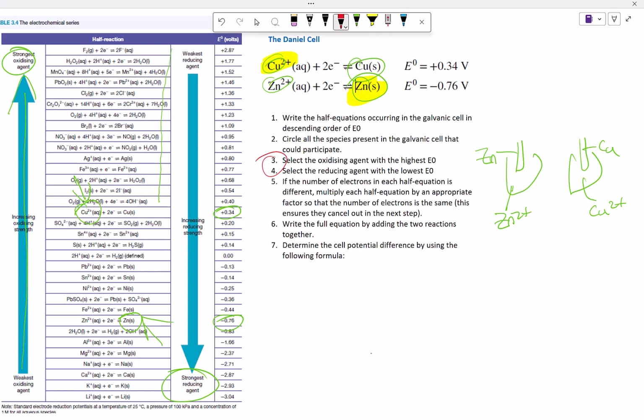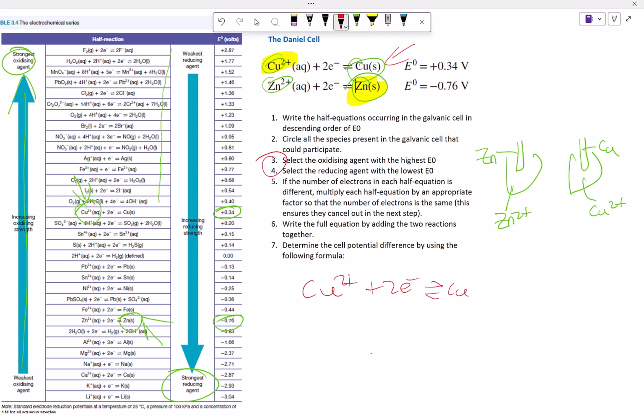You write the full equation by adding the two reactions together. Now, I wouldn't add them like this. You would be going from something like Cu2+ plus 2 electrons goes to Cu. Now, put units there. I'm just being a little bit lazy here, not doing that.